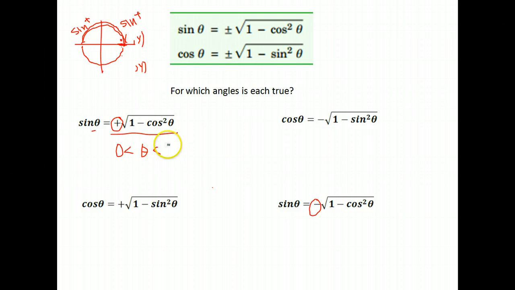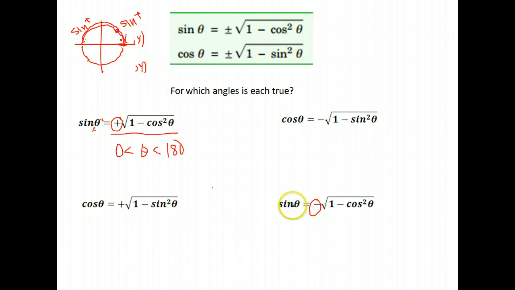So when theta is between 0 and 180, like the angle 45, that would work. For the angle 160, this one would work. But when we dip down here into, say, 200 degrees, that's not going to work anymore. Our sine value is negative, so that's what this one is for. That's why we have the plus and the minus, so we cover all the values.